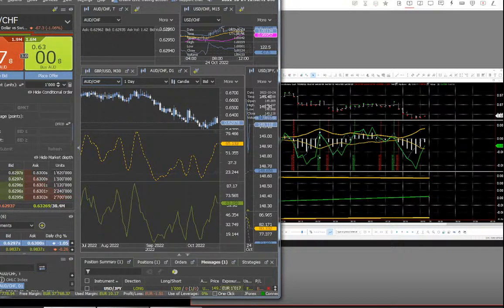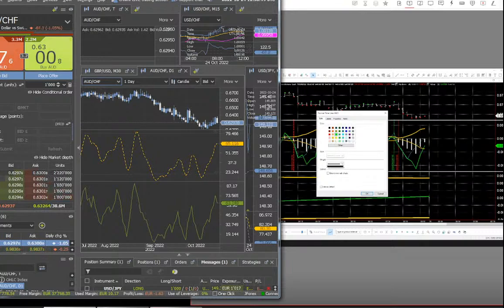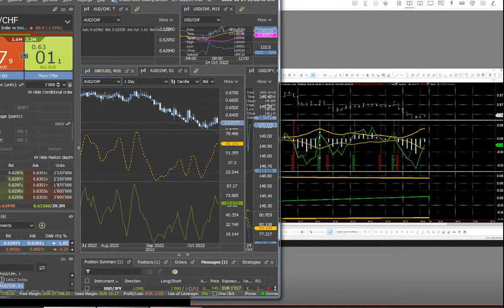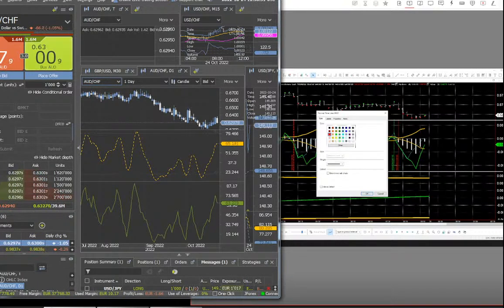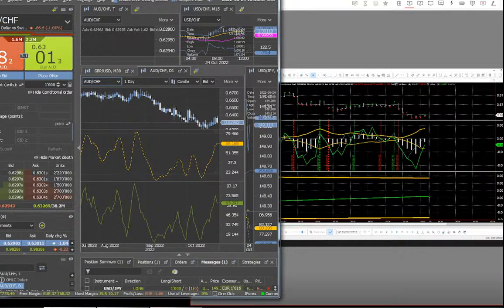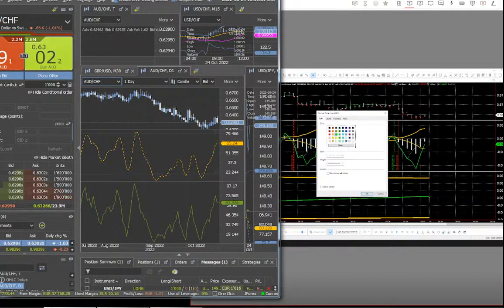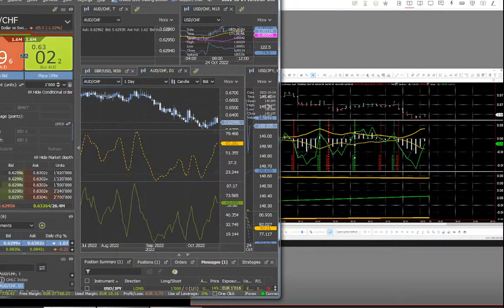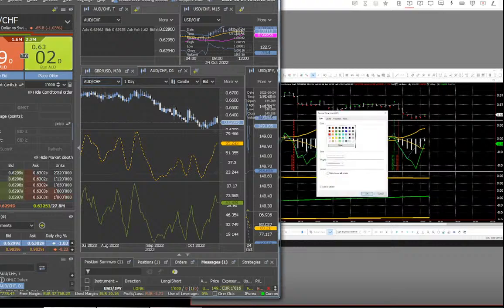And so then the buy. And then the sell again. And there's a buy there. Let's see if this helps you out seeing the size of the lines. Right there.